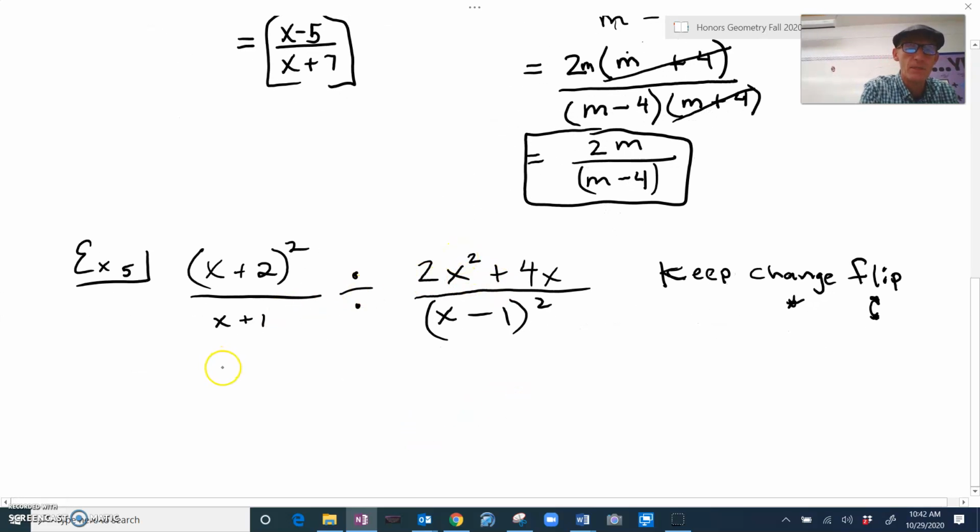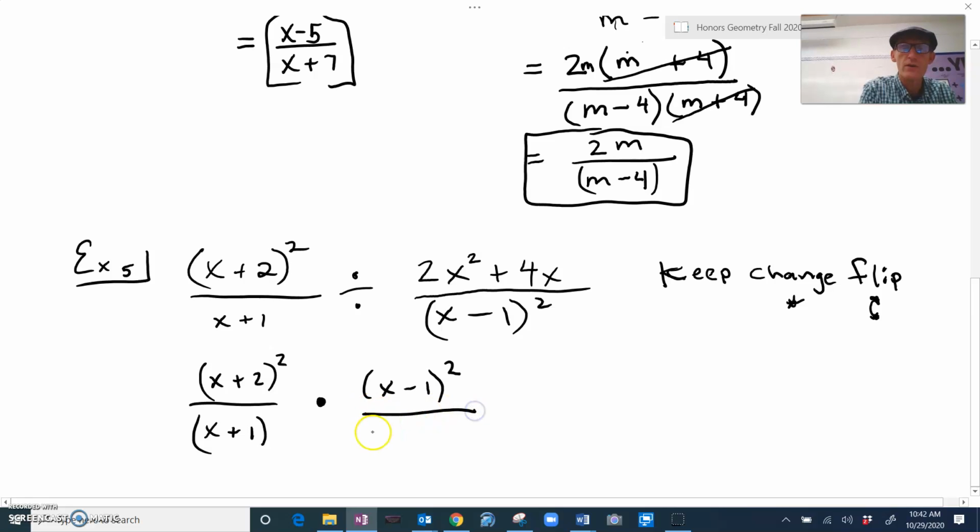All right, now this becomes x plus 2 squared divided by x plus 1 times x minus 1 squared over 2x squared plus 4x. Okay?